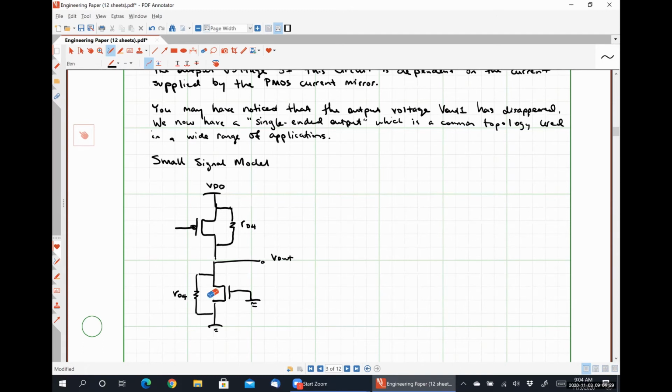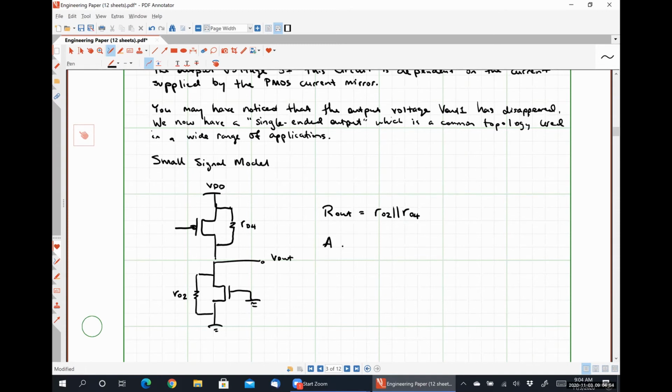Sorry, this should be 2 because this is transistor M2. So our output resistance, hopefully it's pretty easy to see from our small signal model, is just going to be RO2 in parallel with RO4.